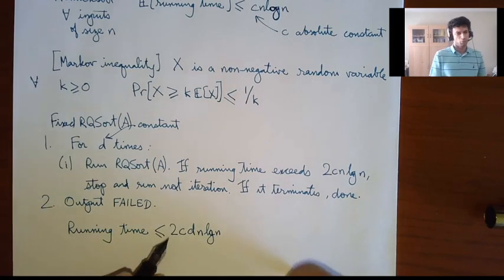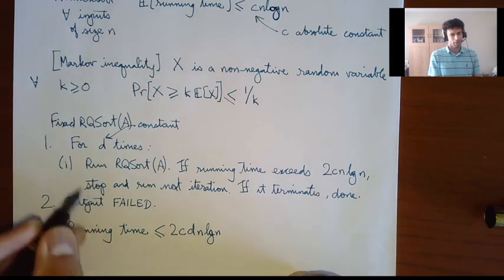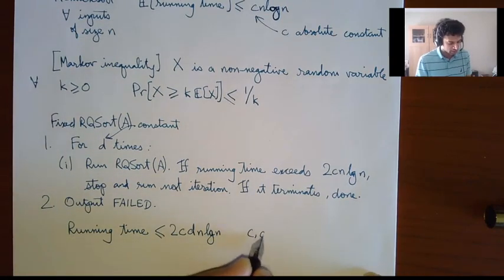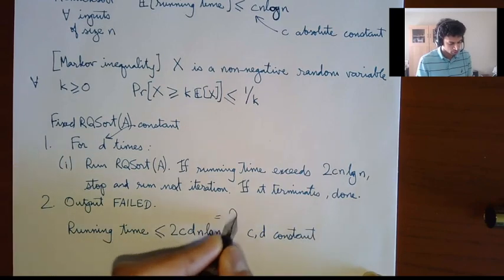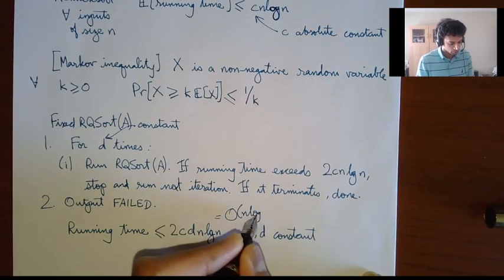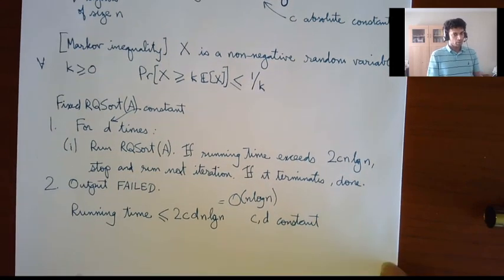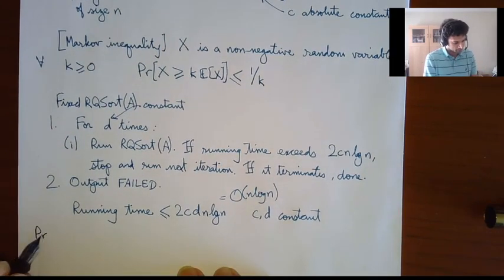I'll just put 2, but it could be an extra constant because of the extra operations. But you see, for c and d constant, this is just O of n log n. So the running time bound is fixed. On the other hand, there is a failure probability. Okay? So now what is the probability of failure?